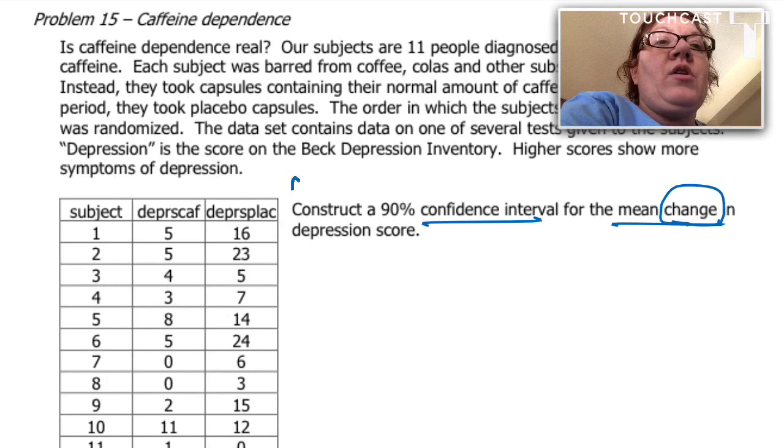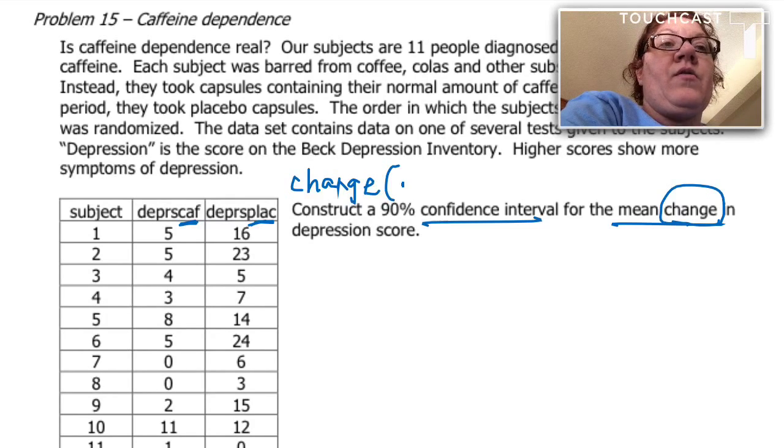So I'm going to do a change. Now these two columns, this one is the caffeine column, this one is the placebo column, and I'm going to need to tell the reader what order I did this in, because remember, subtraction, the order makes a difference.